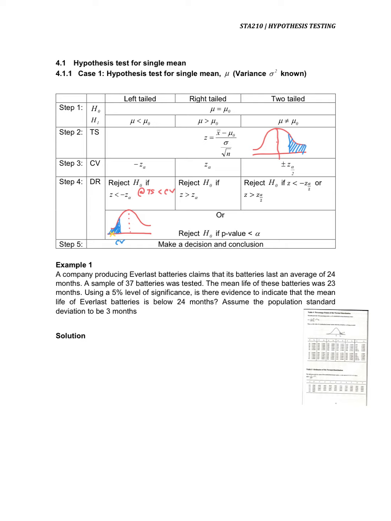That's why our decision rule is to reject H0 if the value of your test statistic is greater than your critical value. We can write here: we will reject H0 if the test statistic is greater than the critical value, or Z greater than Z alpha.